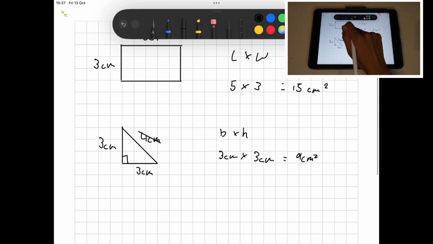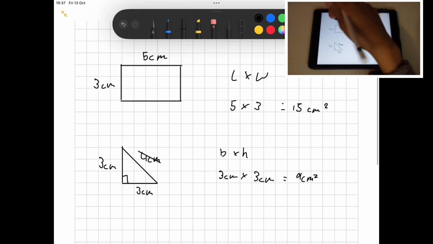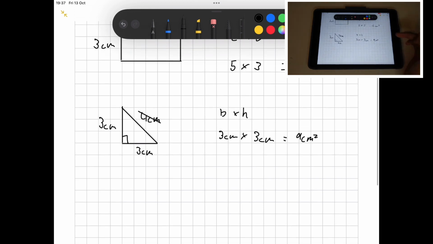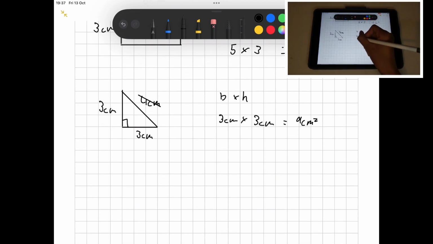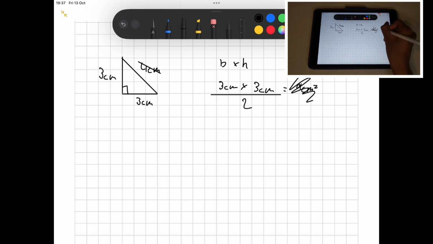But that's just like a quadrilateral. So you then want to half it, which will actually not give us 9 centimeters, but 4.5. I'll write that down here.